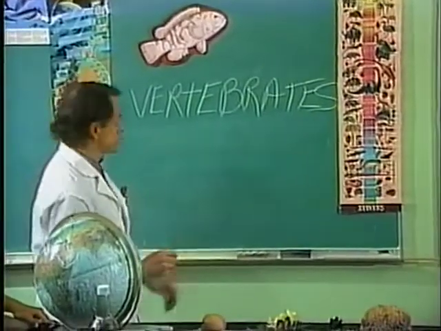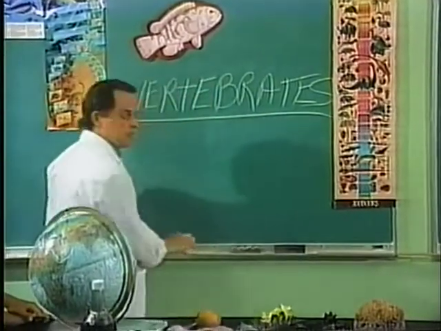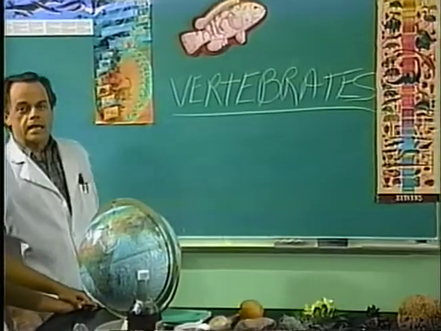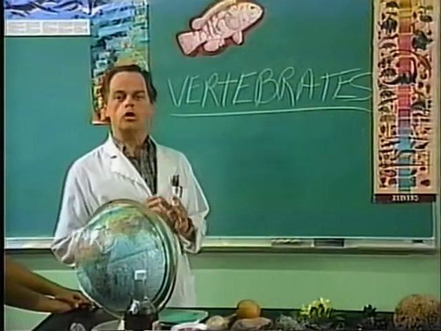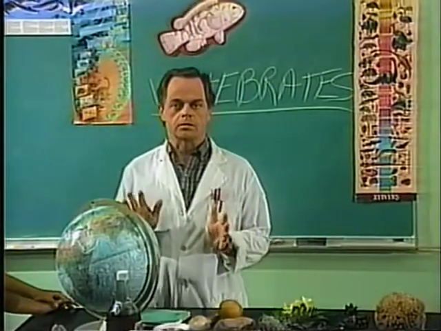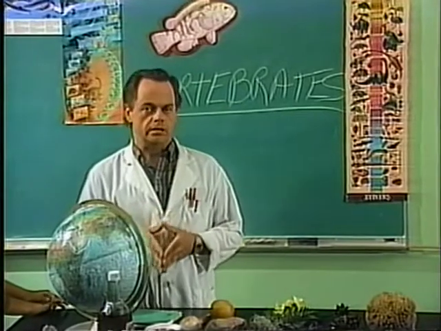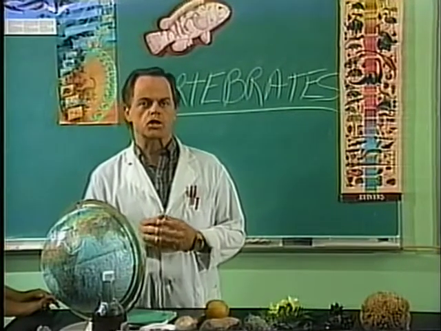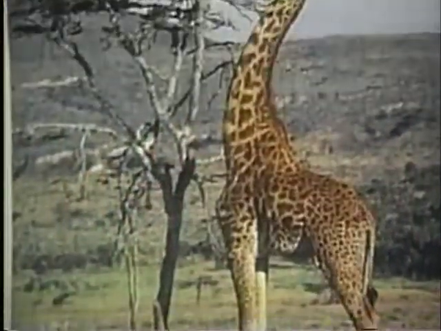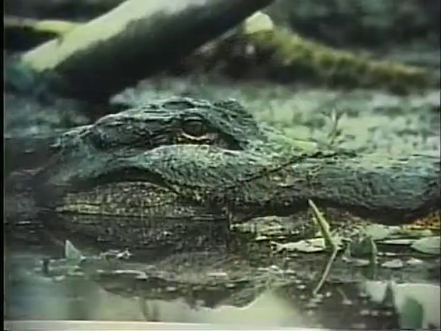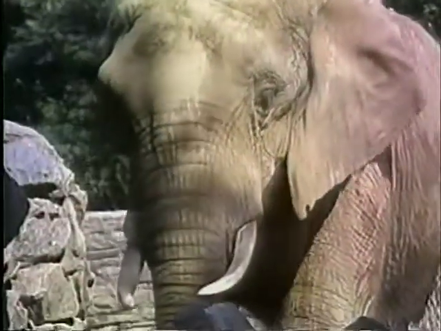Now we have progressed to the vertebrates. In relationship to all other life forms on Earth, vertebrates are a relatively new adaptation. This structural innovation, the vertebrates, allows these animals to move swiftly, reproduce more efficiently, and grow to a large size.